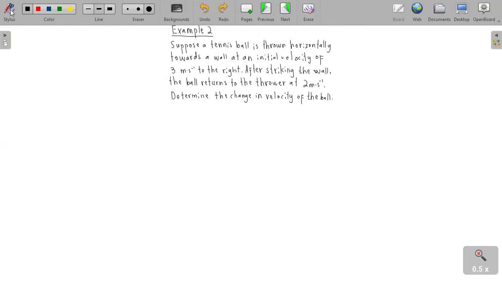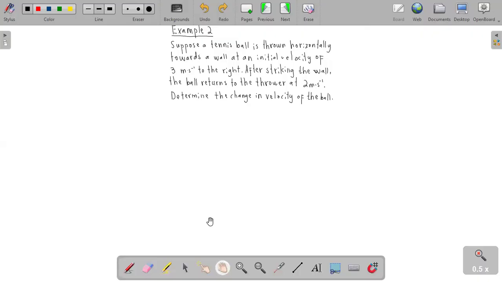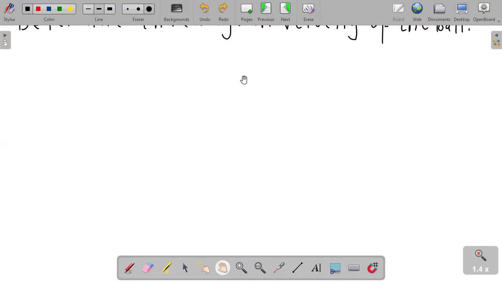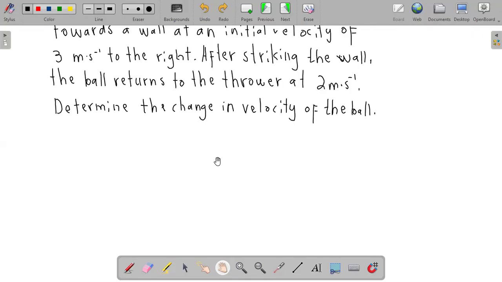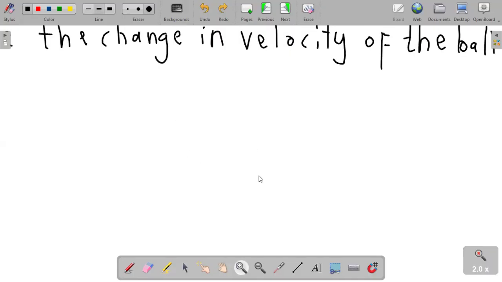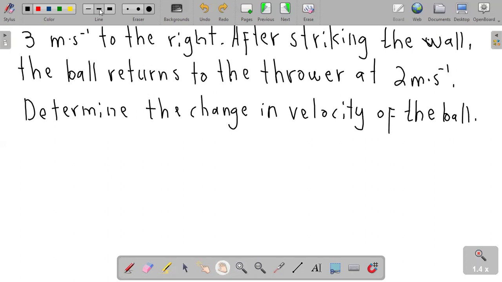So they want the resultant, if they want the change in velocity. So we must find the resultant velocity here. Okay, let's go to the solution.